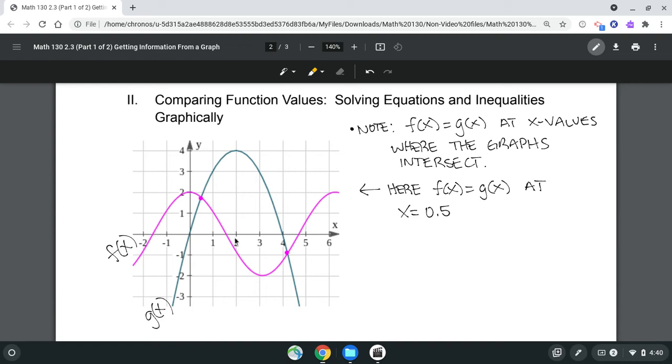And then the other one would be here, and that looks like, I'm not sure, 4.1, 4.2. I'll just say 4.2. If it's off like that, if you say 4.1, that's fine. Something close to 4.2. But if you say 7, clearly that's off.